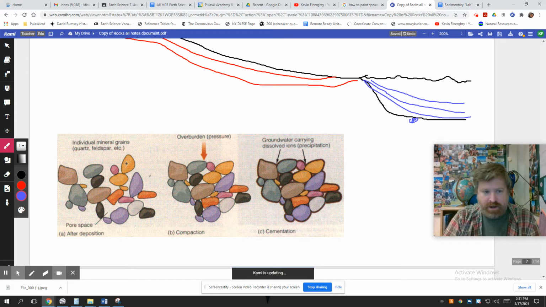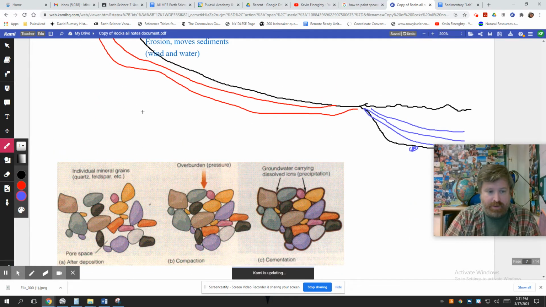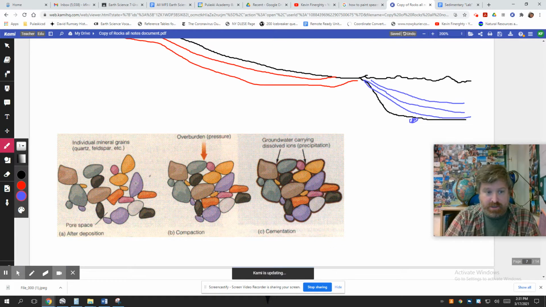And if you're down here, you're getting smushed. So like this diagram shows us, take individual mineral grains, all those minerals that came out of those rocks that existed up here. Now they're broken down into sands. Just picture the beach. And put more pressure on them so that you're reducing the pore space and squishing them together. And then as that groundwater gets squeezed out of them, if there's anything dissolved in that water, it can act as a mineral cement to essentially glue together that rock.